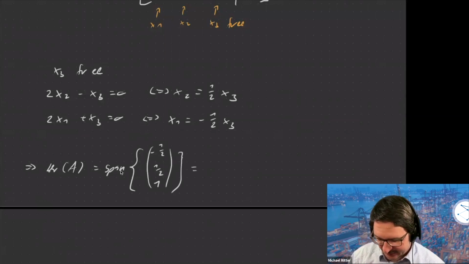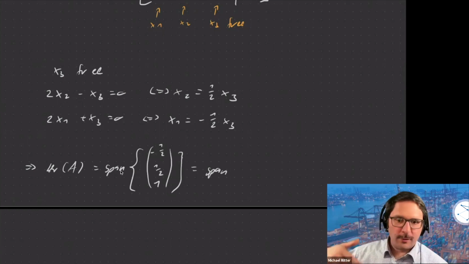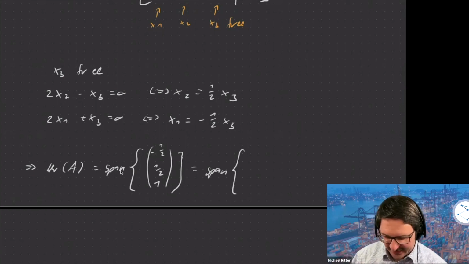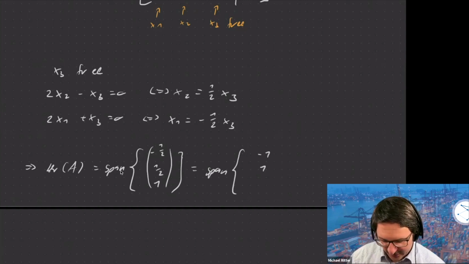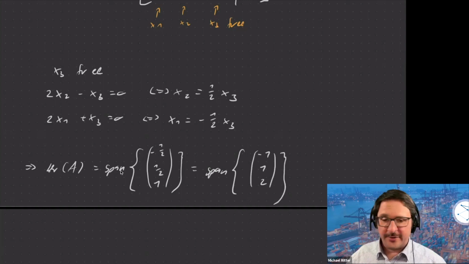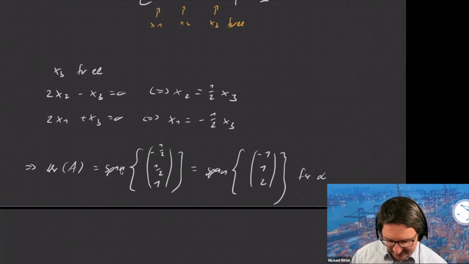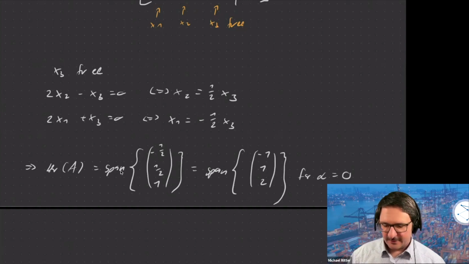And in that case, we have a span of a vector, so all multiples of that vector, we can again scale that vector. Or we can then just write minus 1, 1, and 2. So just scale by 2 here to get rid of the fractions. So this is for the case alpha is 0.